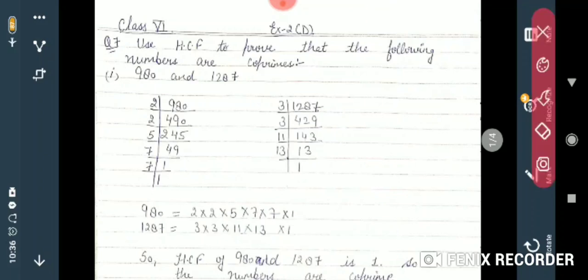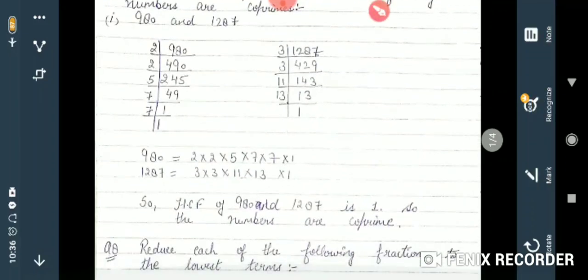So here we have 980 and 1287. You have to find the HCF of these two numbers and tell whether both numbers are co-prime or not.